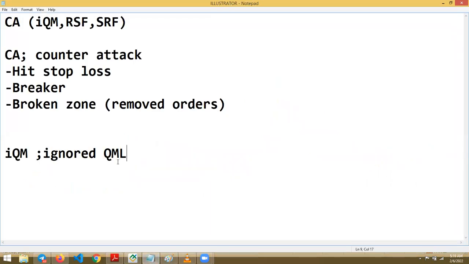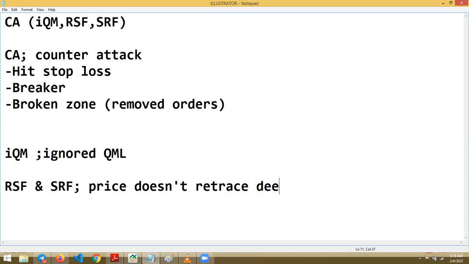Let me conclude with what we call the RS flip and SR flip. This is another type of counter attack, but the only difference is that price doesn't retrace so much. Price doesn't retrace deeply, right?